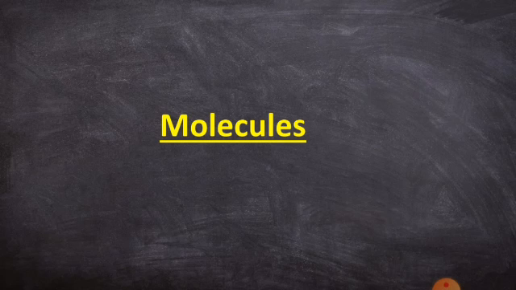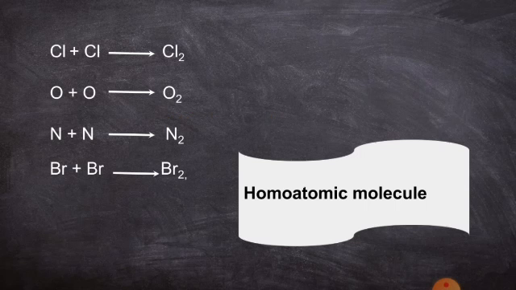Molecules can be classified into two types based on the combination of atoms, whether it is similar or different. If the same atoms combine to give a molecule, then it is said to be a homoatomic molecule. As you all know, homo means same. For example, chlorine reacts with chlorine to give a chlorine molecule.